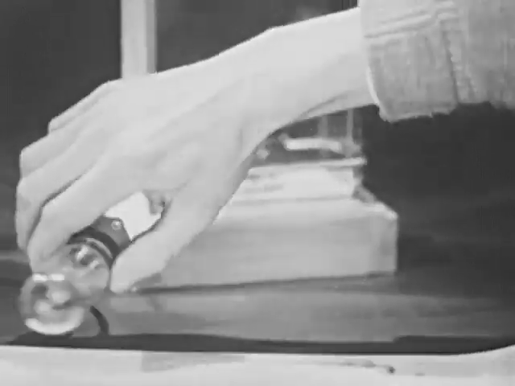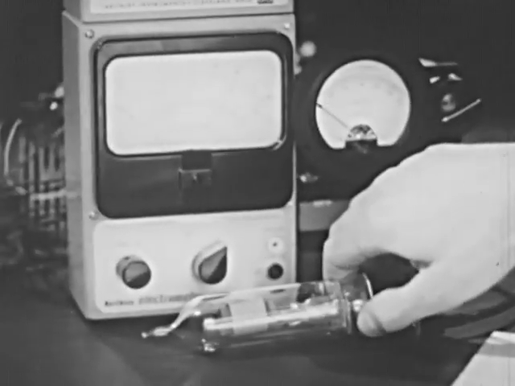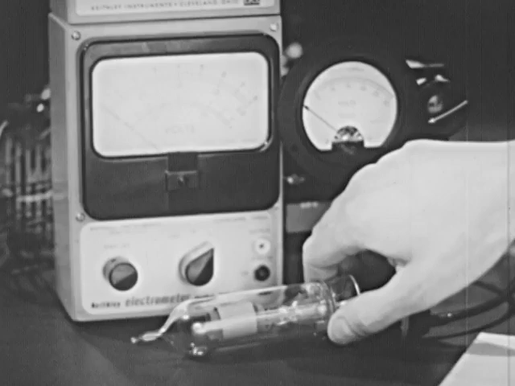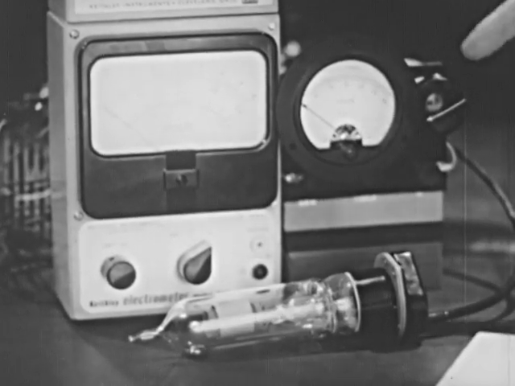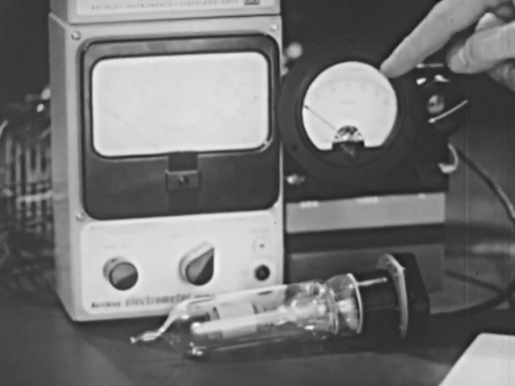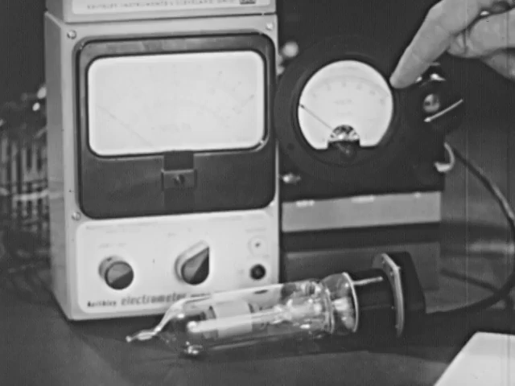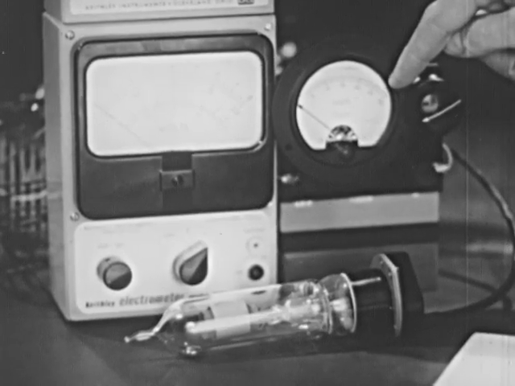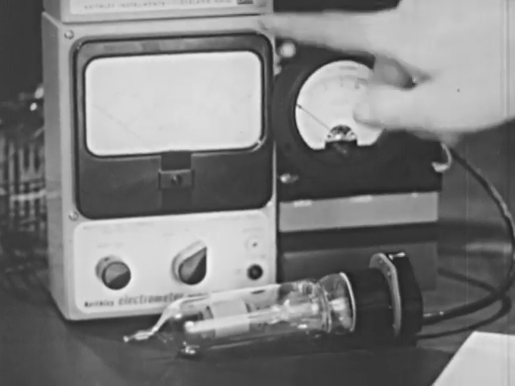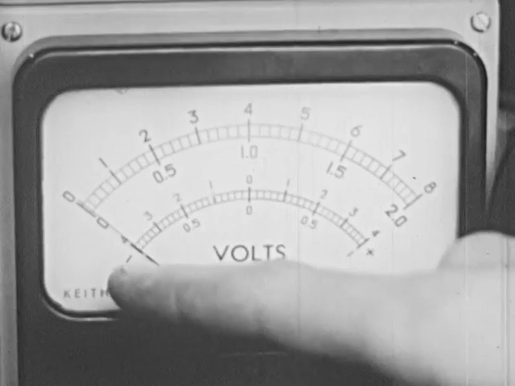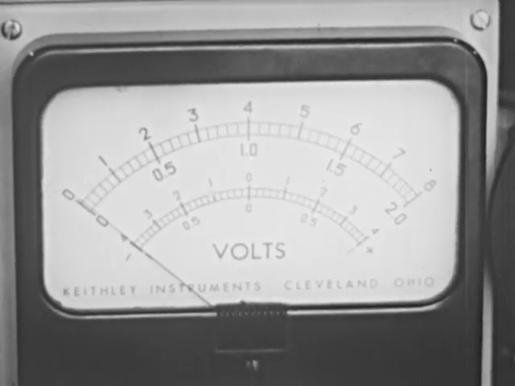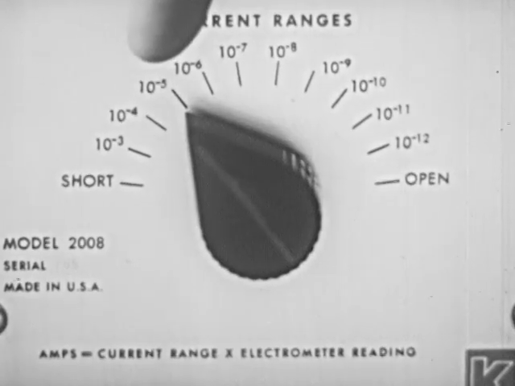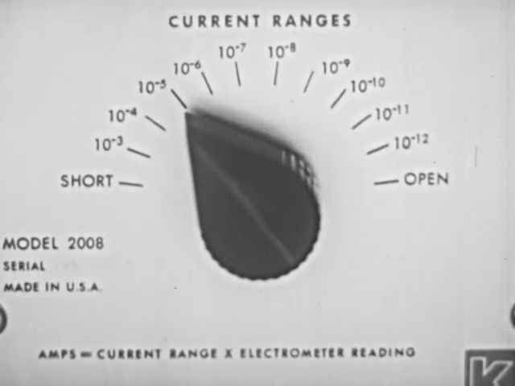We will measure the tube current as we change the accelerating voltage. And I will read the accelerating voltage on this meter from 0 to 30 volts and the anode current on the electrometer. I will use the middle scale from 0 up to 2 measured in units of 10 to the minus 5 amperes.